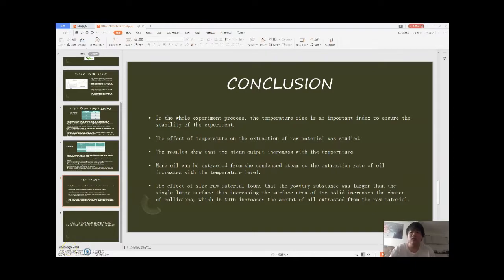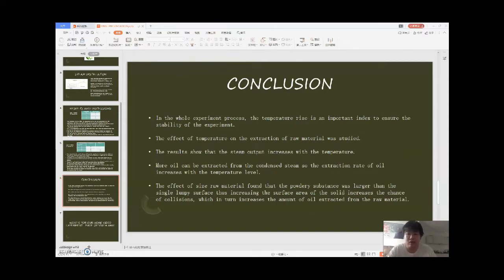So for the conclusion of this whole experiment process, the temperature rise is a very important index to ensure the stability of the experiment. The second point is that the effect of temperature on the extraction of raw material was studied.